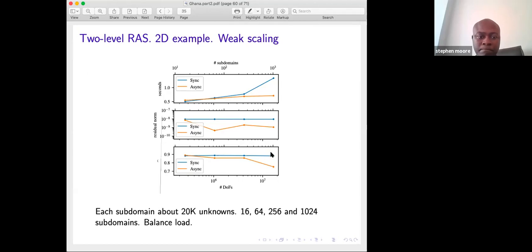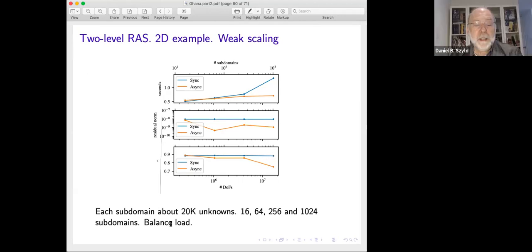Now, even with the load balance, there's an issue here, which is that when you grow, the coarse space becomes larger than the subdomain, and this is part of this problem. But the asynchronous method is unfazed because the coarse space is just like any other subdomain in a way.